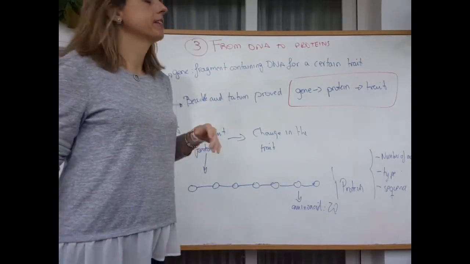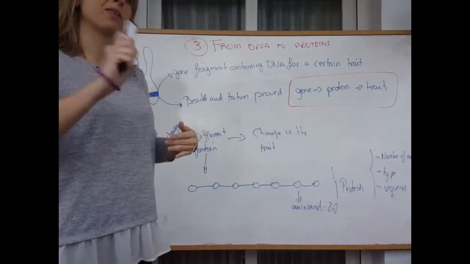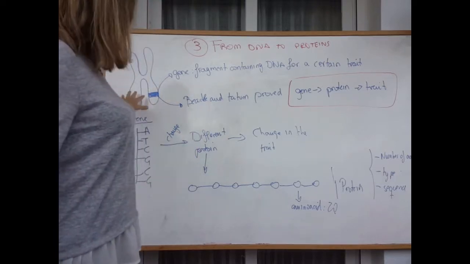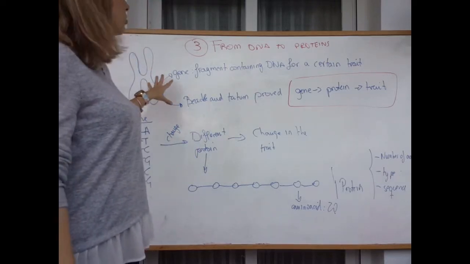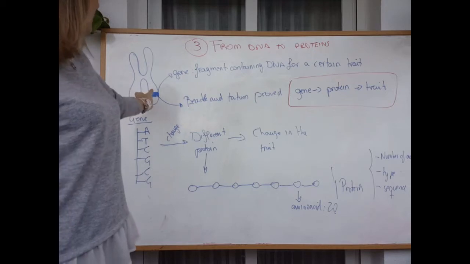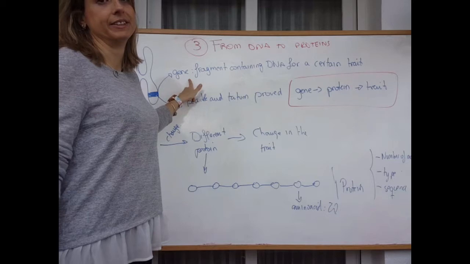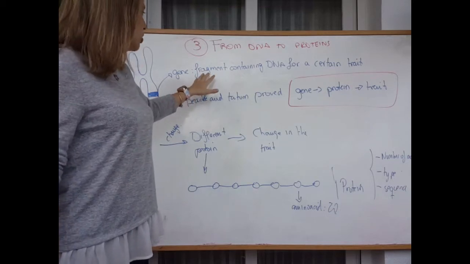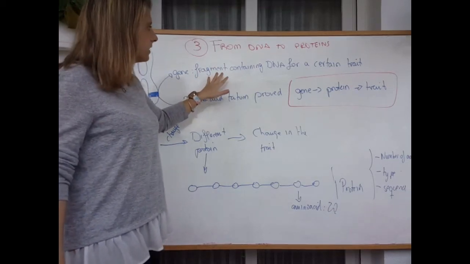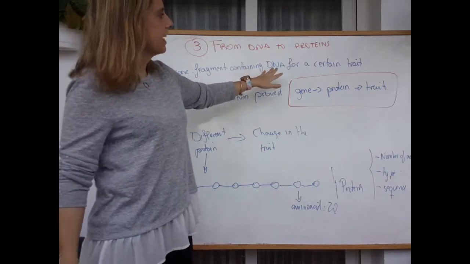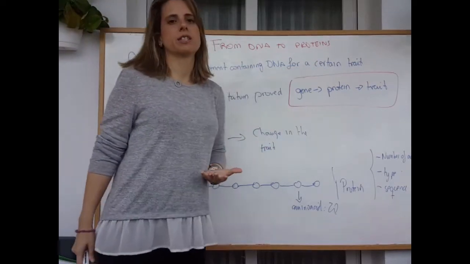So first, let's remember something from the last unit: my chromosomes, my churritos. Each part of a chromosome is going to be a gene, ¿vale? Un gen. A gene is a fragment of DNA containing the information for a certain trait. What does this mean?